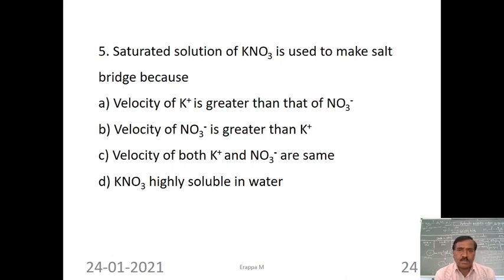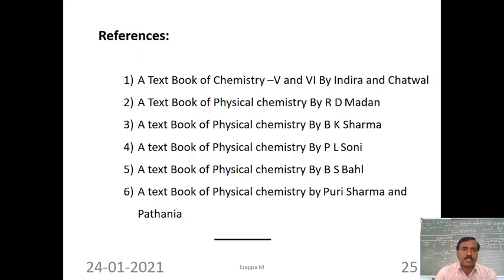The answer is C, velocity of both K+ and NO3- are the same. That means the transport numbers of K+ and NO3- are the same, they carry equal current at equal speed. This type of salt can be used for preparation of a salt bridge.